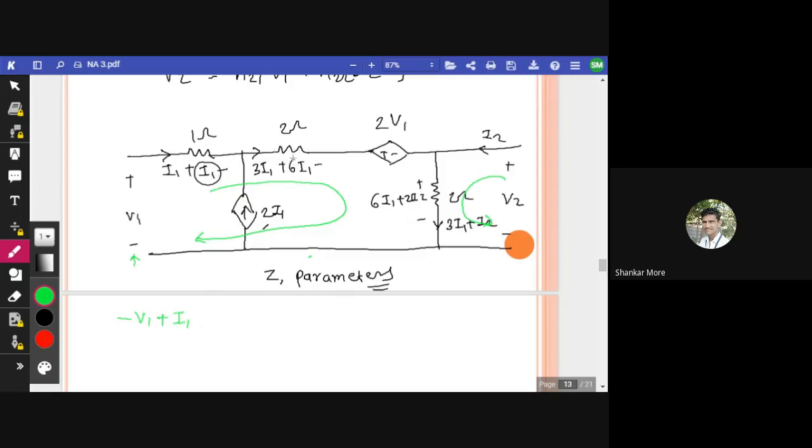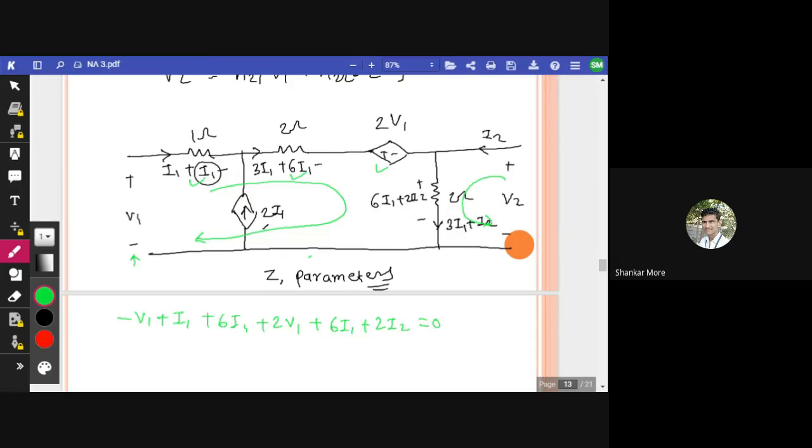This is 6 I1, plus again 2 V1, plus 6 I1 plus 2 I2 is equal to 0, right? This is how we have applied the KVL in the first loop.